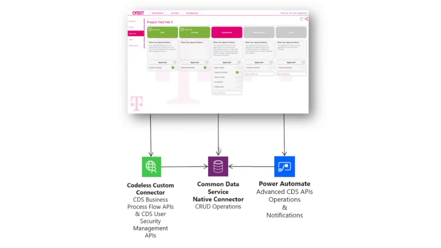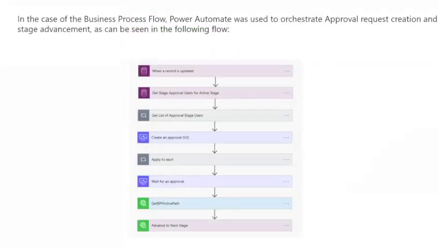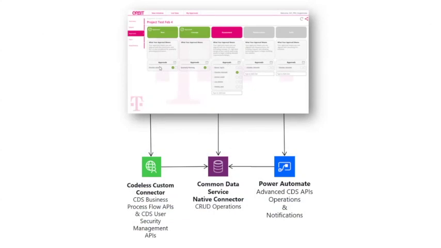And again, for many of the operations, we're using the straight connection from Power Apps to CDS to get all of the typical CRUD operations. And another interesting use of Power Automate here is this notion of going between stages. So this is an early iteration of the project. You can notice here that for every stage, there are approvers that needed to approve that particular stage before you move on to the next stage.